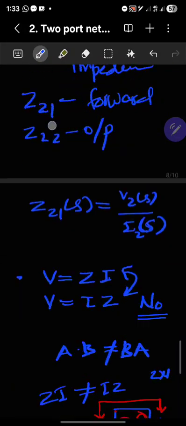Similarly, related questions we can ask. Y is admittance, the ratio of current by voltage, and impedance is the ratio of voltage by current. Can we write Y is equal to 1 by Z? No, this is also wrong.